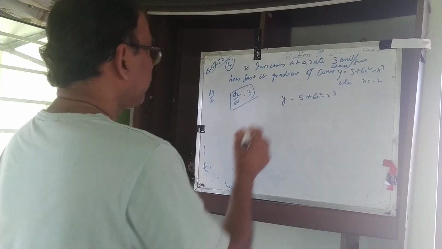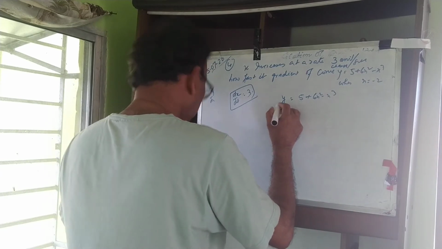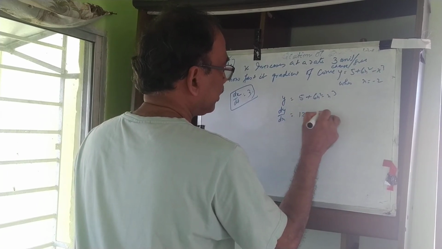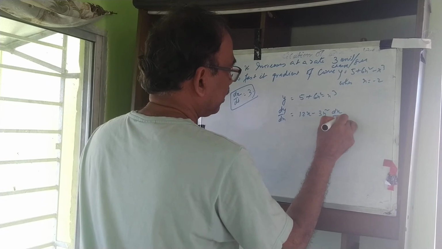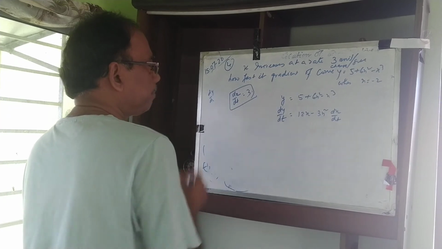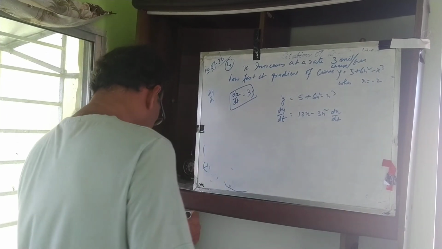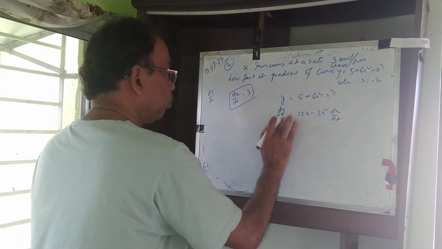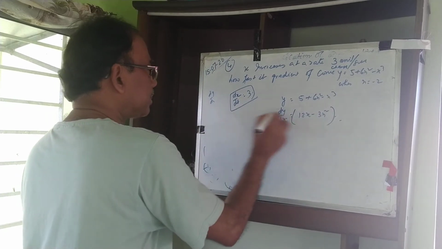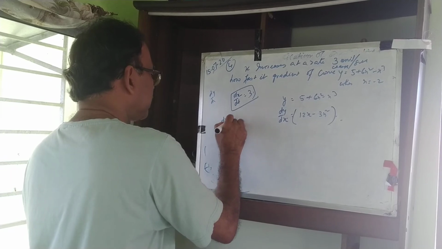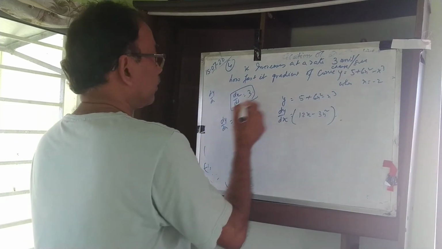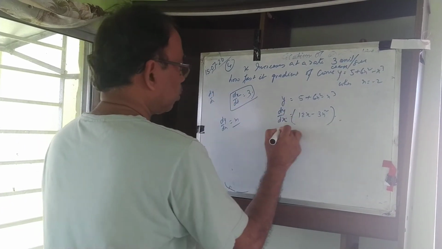Now we have to find dy/dx, which is 12x minus 3x². This dy/dx is the gradient, m.